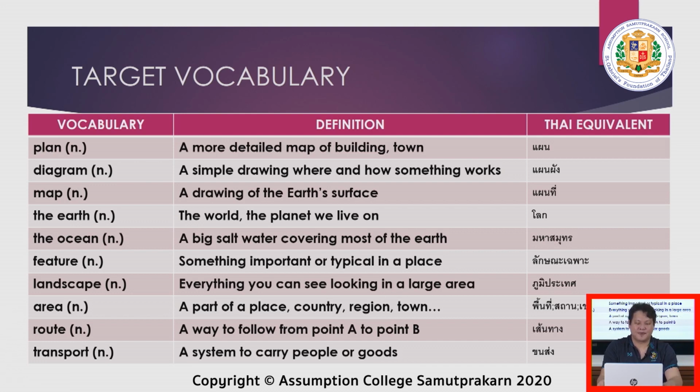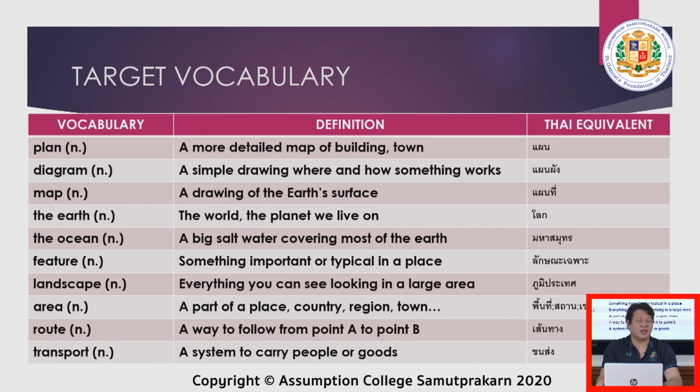Transport. This is a system to carry people or goods, like by land, by sea, or by air. By land, we can transport by having cars, taxis, motorcycles. By air, we have airplanes.